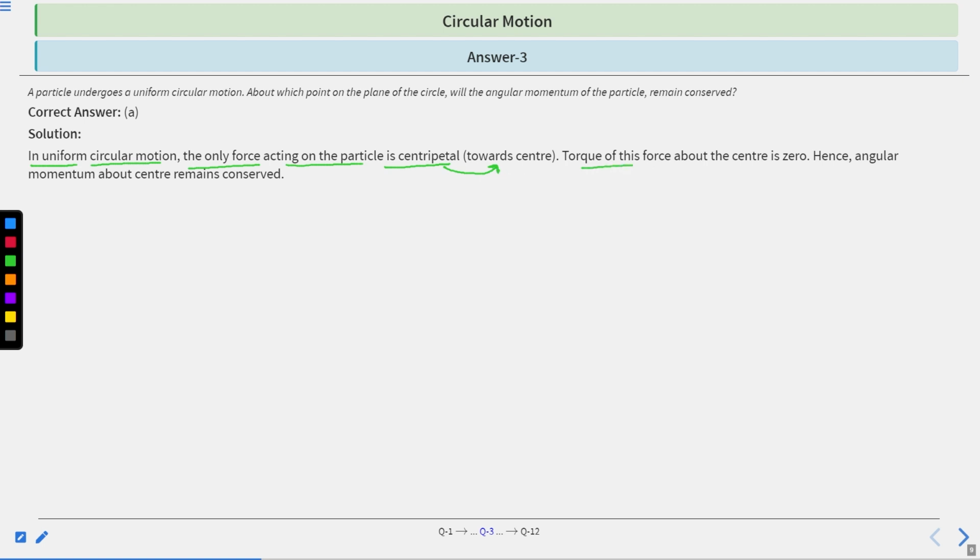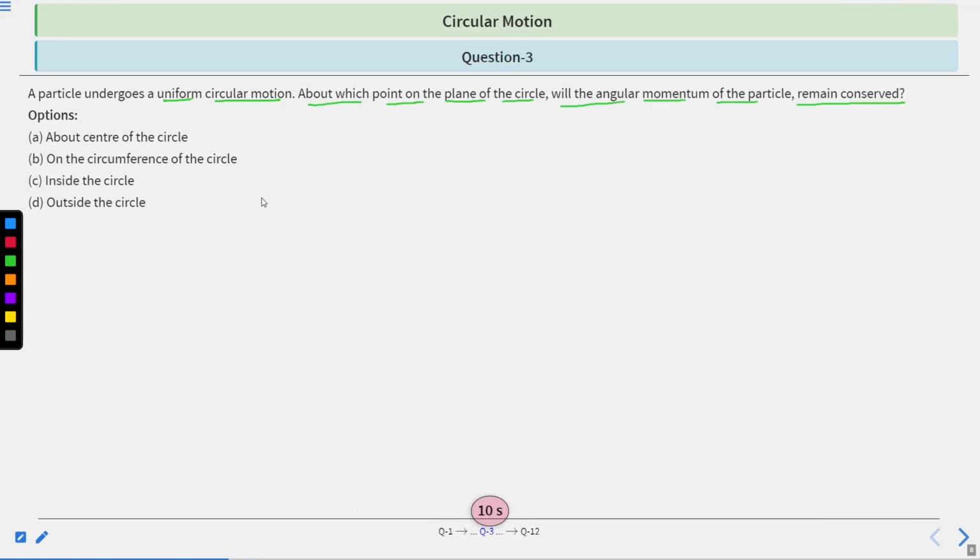The torque of this force about the center is 0. Hence, angular momentum about the center remains conserved. So the correct answer is A, about the center of the circle.